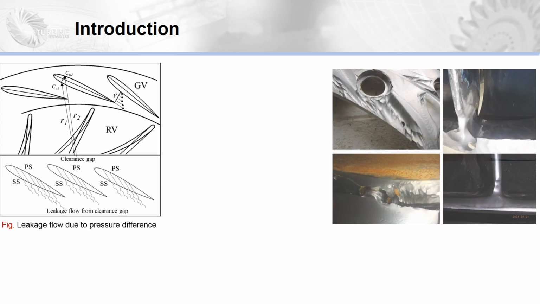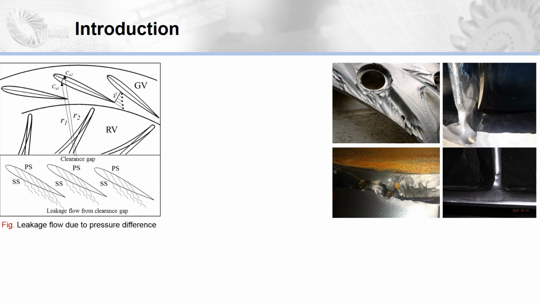The things that I talked about were for the clean water condition. However, in a hydropower plant such as in Nepal, not only clean water but also sediment flows along with the clean water. The size of the sediment particle is usually 100 to 150 micron, which can easily enter the clearance gap.